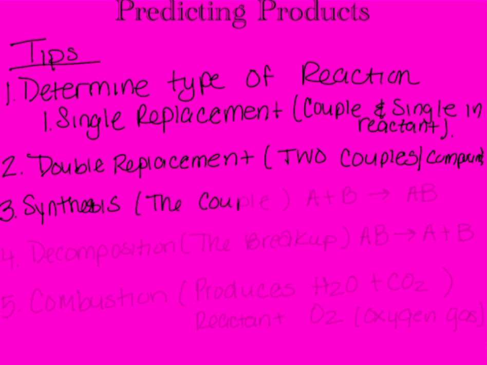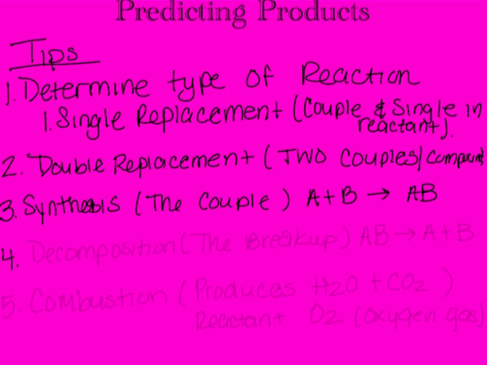Because in the product, you have a couple coming together, or a compound coming together. So in the reactant, you will have either 2 single elements or 2 substances that come together to produce a couple.